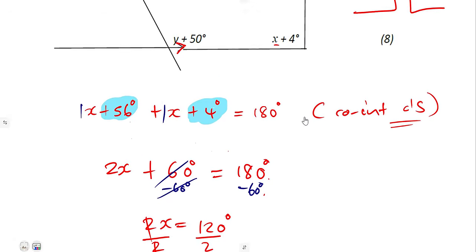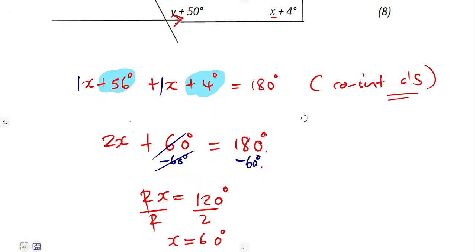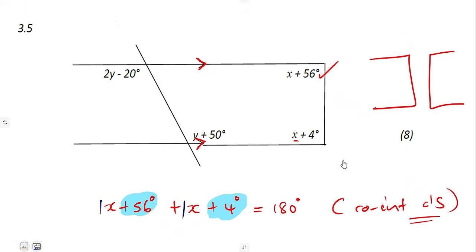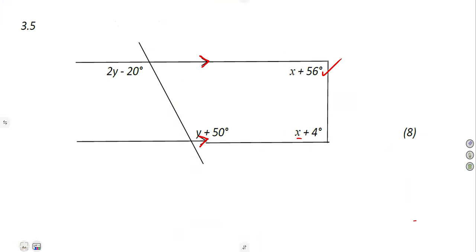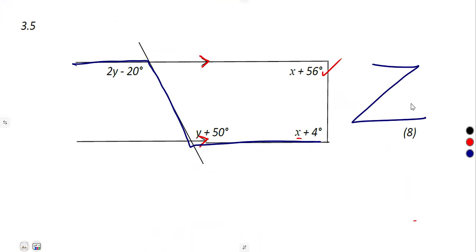Okay, all right, so there are many ways you can choose to work from, but that was the best way there, co-interior angles. Then for y there, still on our parallel lines, we can see that we are forming a z where y is, that's a straight z, alternate angles. We know that they are equal.